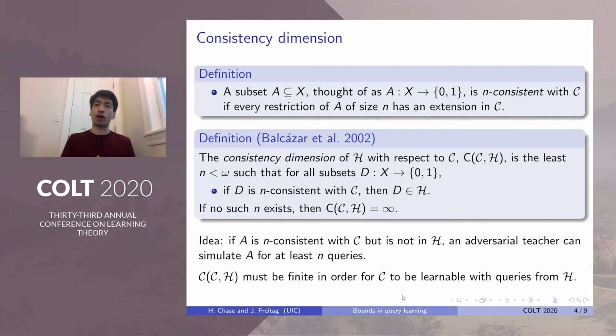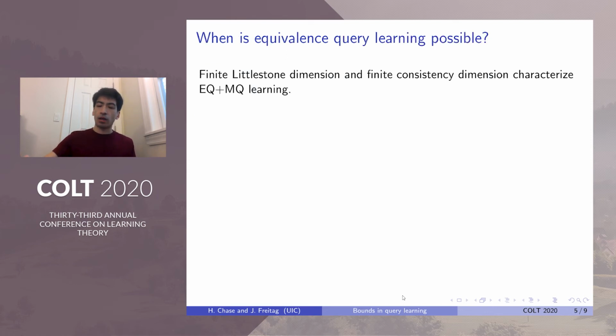If there's no bound on this n, which is to say if the consistency dimension is infinite, then we're not going to be able to establish a uniform bound on the number of queries we need to learn. So I've argued why each of these quantities has to be finite in order for learning to be possible.